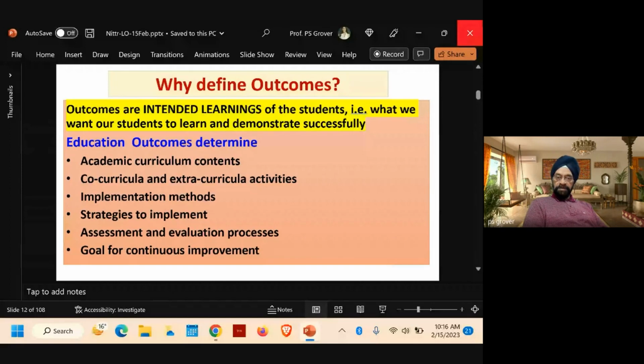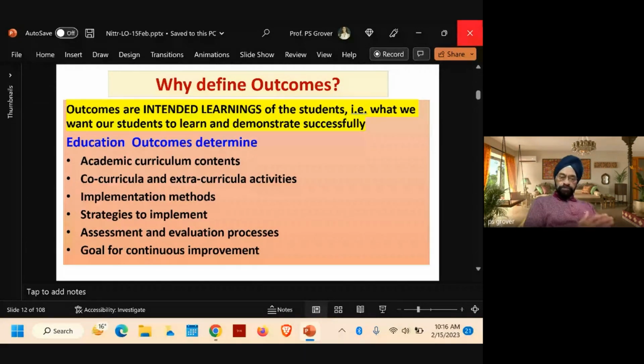So education learning outcomes, when I decide them, contribute to the decision of what kind of curriculum we need. That means we decide the outcomes, and outcomes decide the curriculum, the curricular activities, implementation methods, assessment, strategies to implement, evaluation.